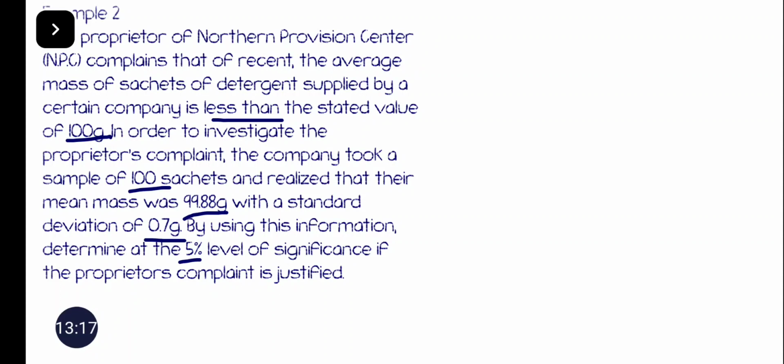Okay, our solution. The very important term that we've learned is "less than". So it means we are talking about a one-tail test, and a one-tail test to the left. If it was "greater than", we would be talking about H1 being to the right. So here, our H0, the null hypothesis, is mu equal to the stated value of 100 grams, that's the status quo.